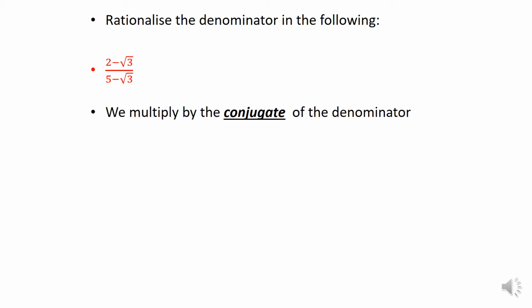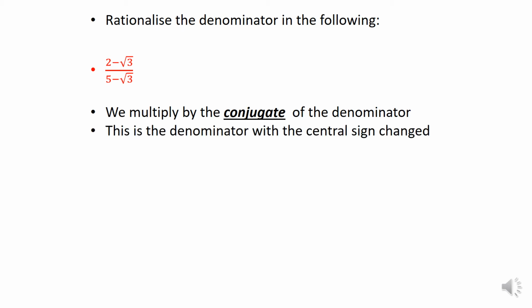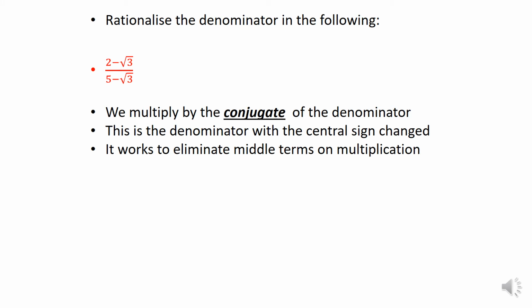Okay, we're going to multiply by the conjugate of the denominator. Now you meet conjugates also in complex numbers. So conjugates are very similar, just a sign change. This is the denominator with the central sign changed. It works to eliminate middle terms of multiplication.